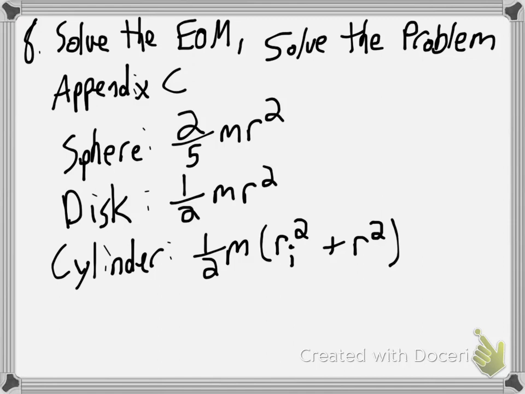So in the sphere's case, we've got 0.4 mr squared. In the disk's case, we've got 0.5 mr squared, so just slightly greater. And for the cylinder, it's quite a bit greater than the disk because it has the 1/2 mr squared term, but in addition to that, it has a 1/2 m r_i squared. So it's quite a bit bigger than that of the disk.